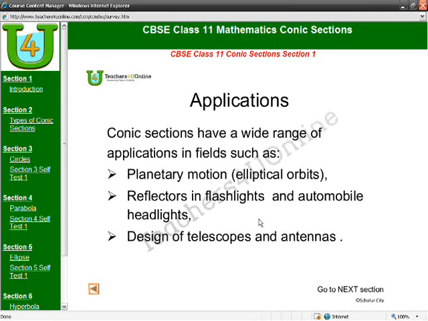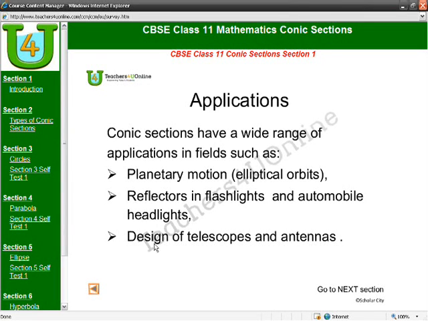Also, it is used in reflectors, in flashlights and automobile headlights. If you have seen the automobile headlight or flashlight, they are always thrown in the shape of a parabola. Now, parabola is another conic section. It is also used in the design of telescopes and antennas.